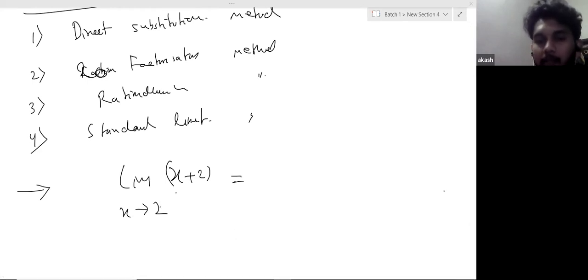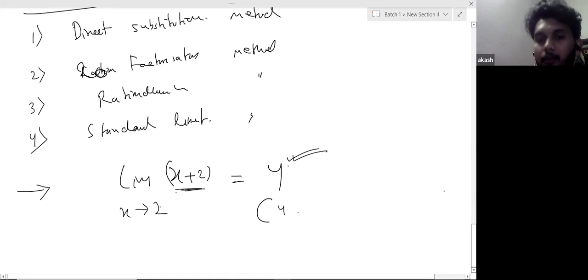Putting the value of x in this function, we get 4. As long as you get some real value, not infinite or minus infinite, that is the answer. 4 is the answer. This is called direct substitution. Just substitute the value of x as 2.